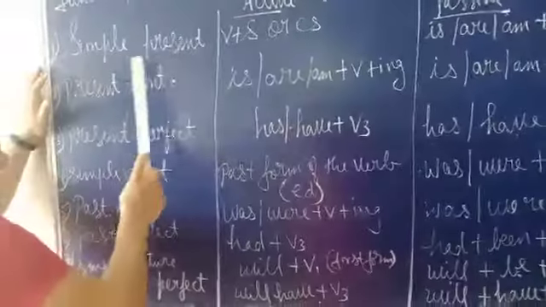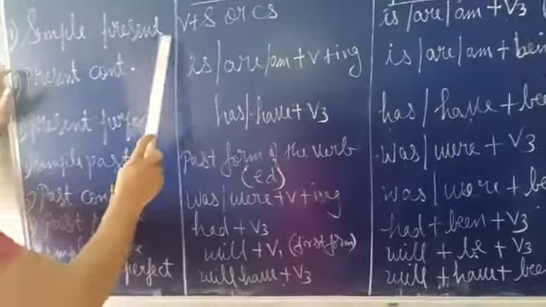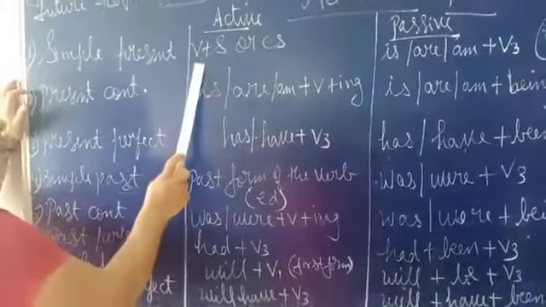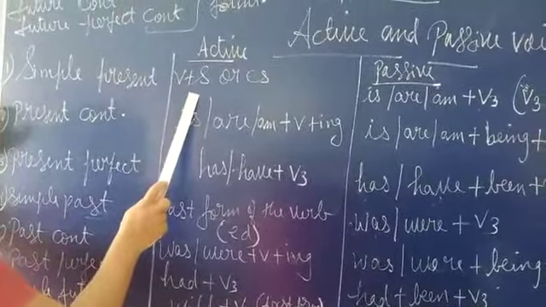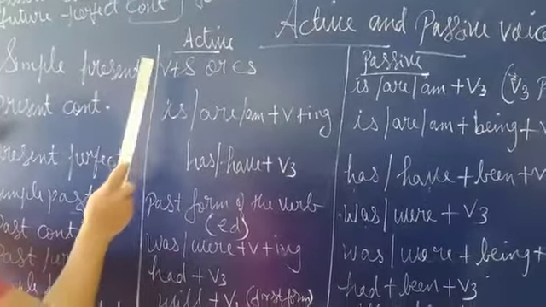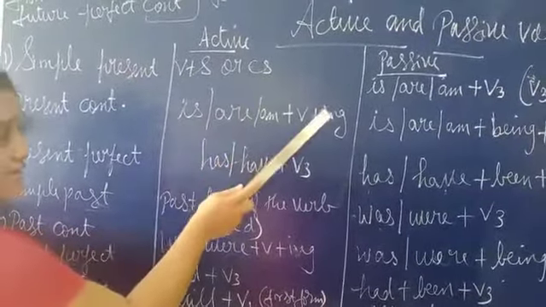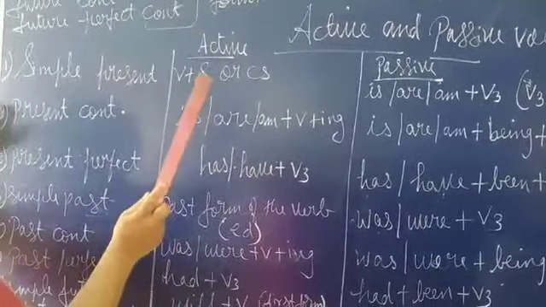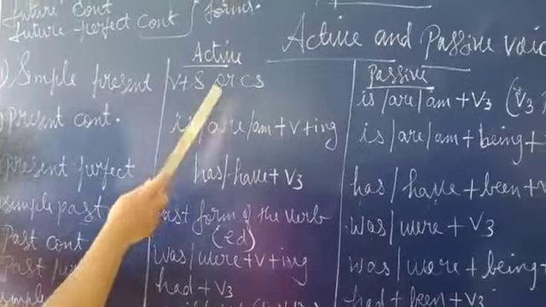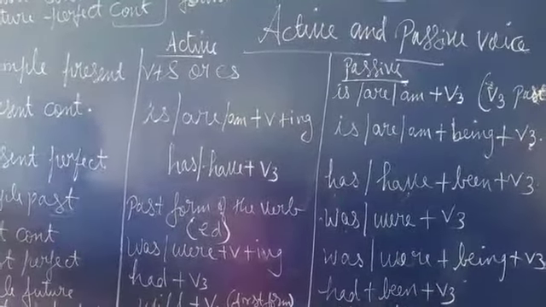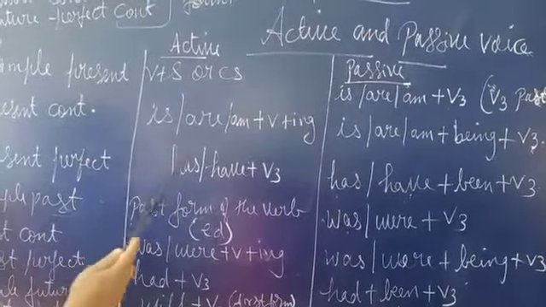So if you take the simple present tense, subject will be there, then the verb, along with the verb according to singular or plural. For example, he writes a letter. So he is singular, so along with the verb, "s" will be there. Okay children. When you are converting that into passive, he writes a letter.